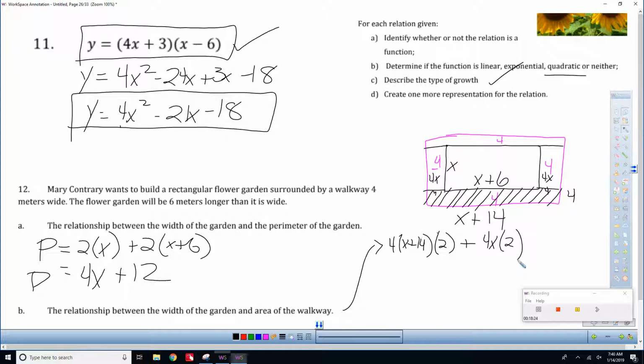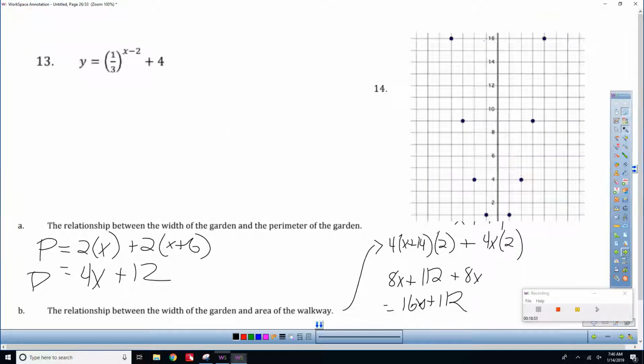So that would be 8x plus, what's 8 times 14? 112 plus 8x. So it's 16x plus 112. Okay, that's D. That would be linear, and the type of growth would be increasing.